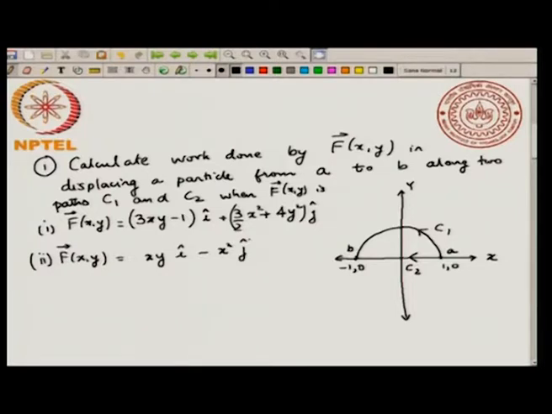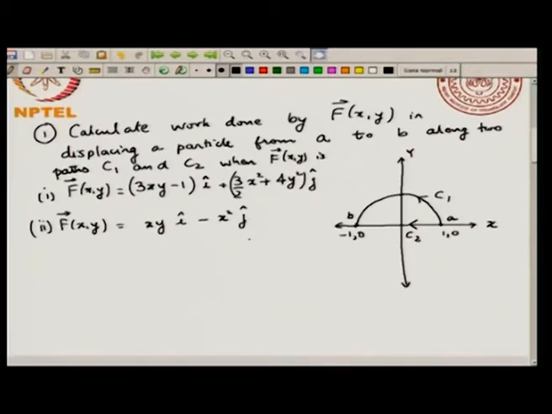So this is the statement of the problem, and I just want you to understand what we are trying to do. You are taking this particle from A to B along two different paths. This is C1, which is along a circle of unit radius, and C2, which goes right along the x axis.